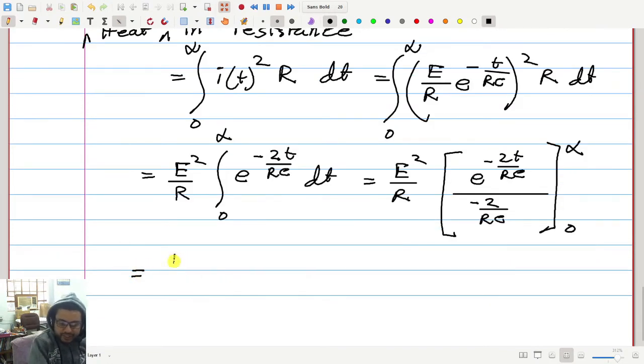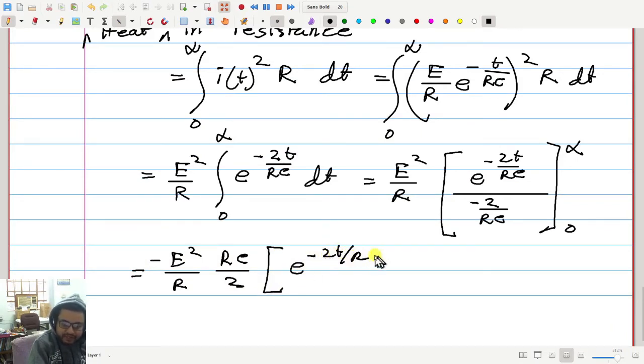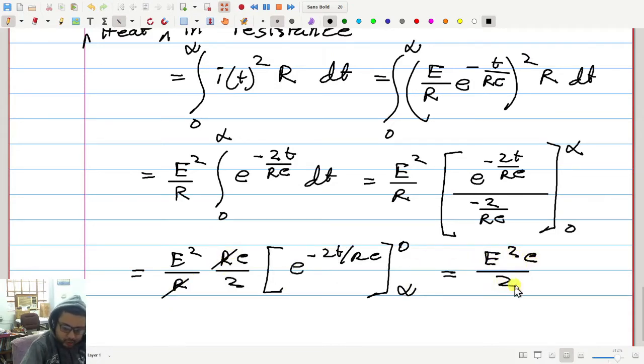So E squared by R, then RC by 2 and a minus sign. The value inside the bracket will be 1. So this comes out to be E squared C by 2.